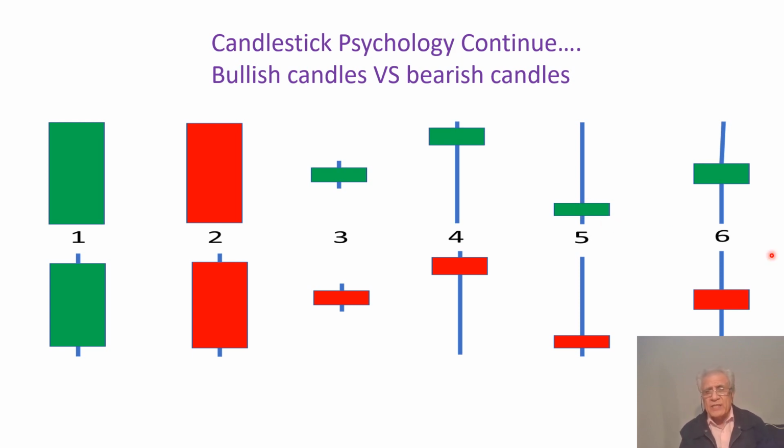And finally, number six is bullish and bearish candles with a long upper and lower shadow. Long upper and lower shadows indicate that the bulls and bears tried their best to push the price up and down during the time frame of this candle.